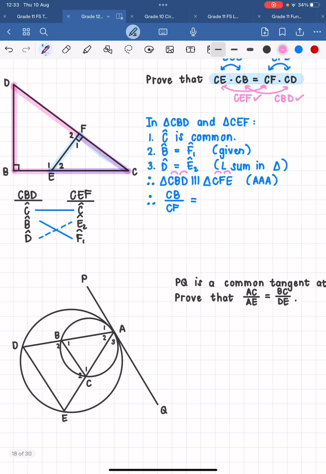But are those in what I need to prove? BD and FE, no. So we can leave that out. You can write it in if you want to, but because I can see that I don't have BD or EF in my prove that statement, I'm going to leave out that middle one. So then we have CD over CE. The reason for that, similar triangles.